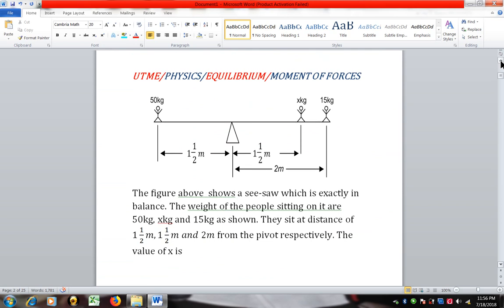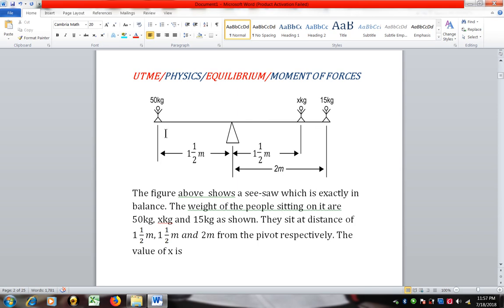Now let's come back and look at it again. The moment due to x is x times 1.5. The moment due to 15 is 15 times 2 meter. When you add these two together, x times 1.5 plus 15 times 2 gives what we call clockwise moment.